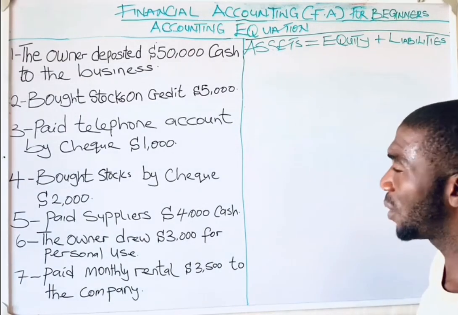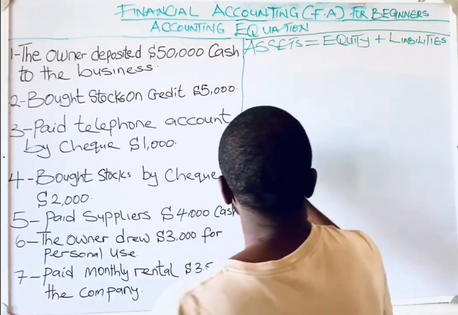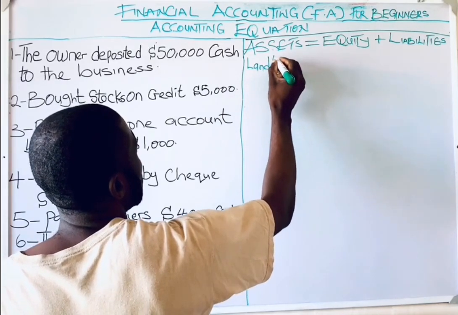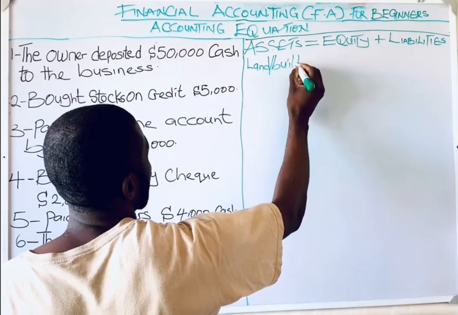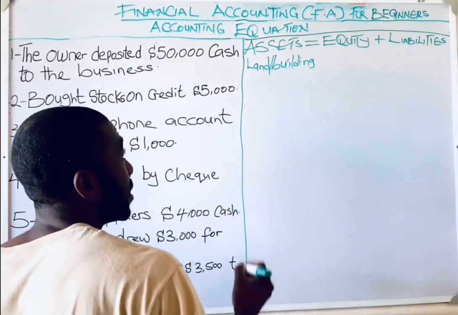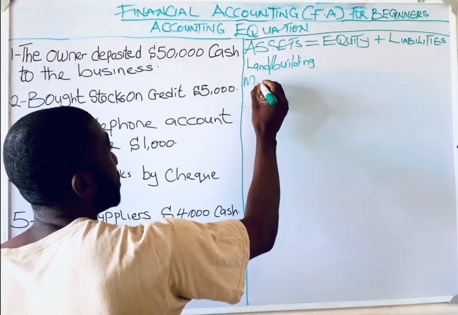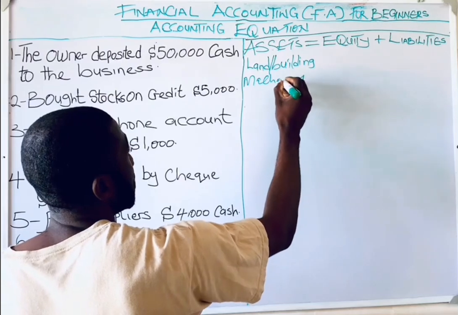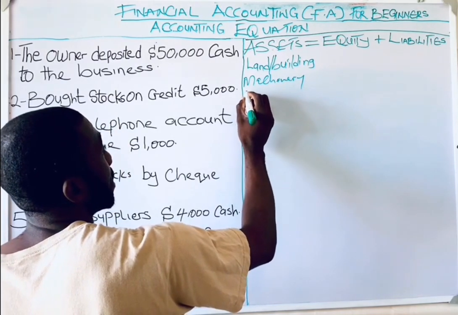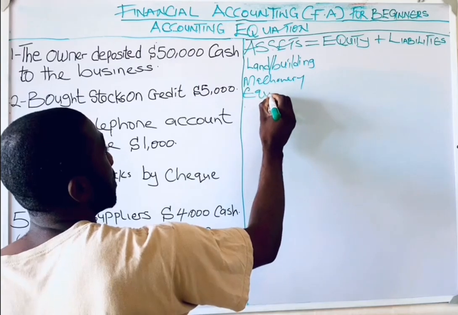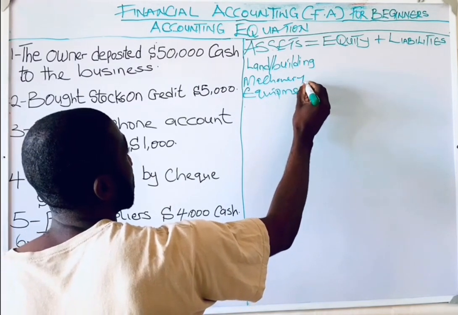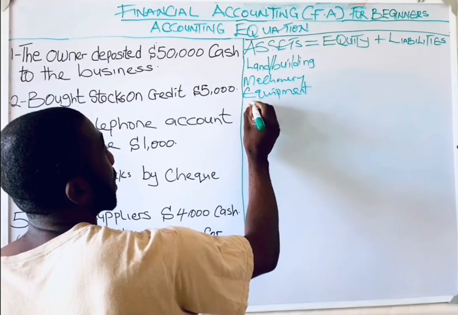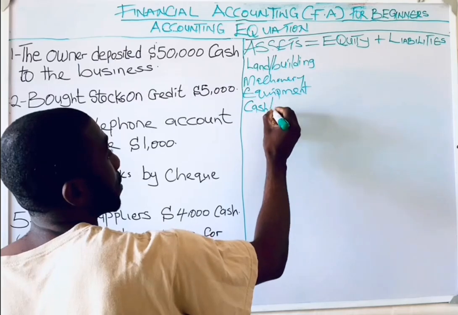So let's know our assets. For this level, we have land and building as an asset. We have machineries. We have equipment, other equipment. We have cash or bank.